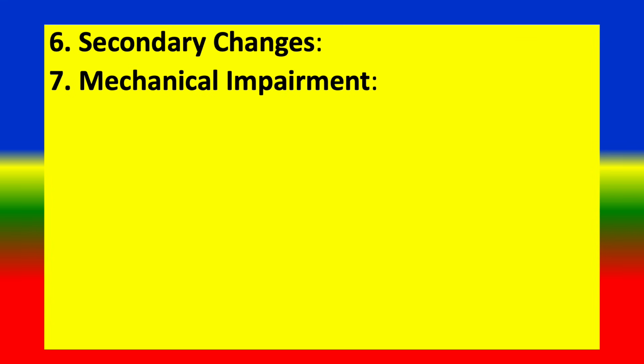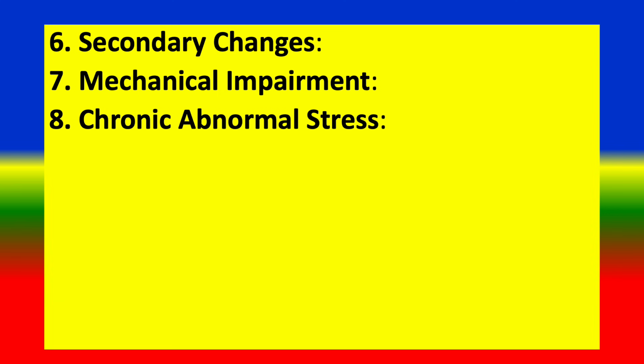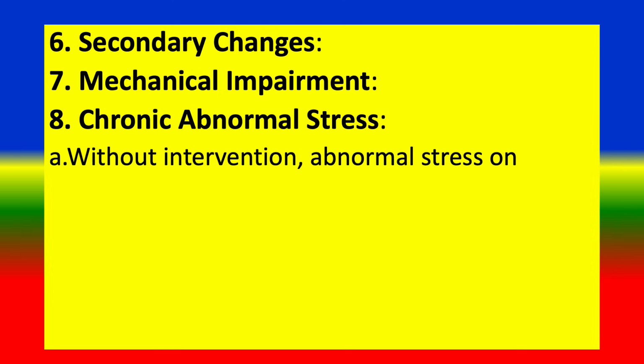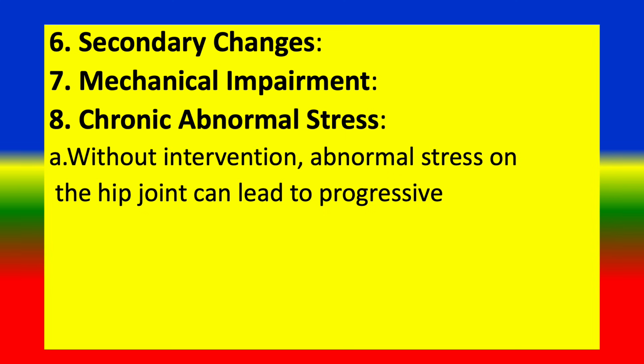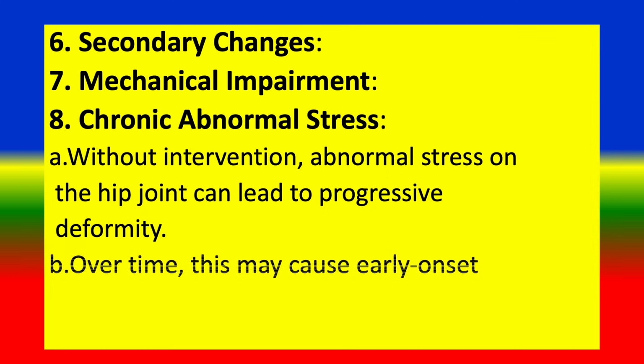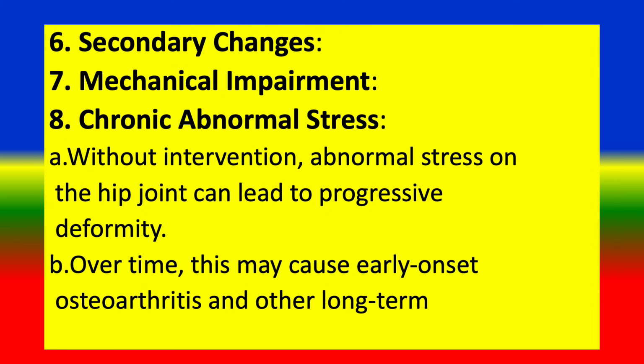Secondary changes. 7. Mechanical impairment. 8. Chronic abnormal stresses. Without intervention, abnormal stress on the hip joint can lead to progressive deformity. Over time, this may cause early onset osteoarthritis and other long-term complications.